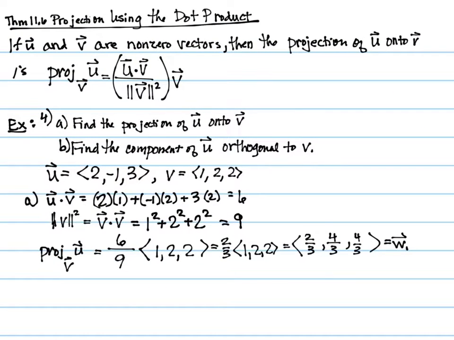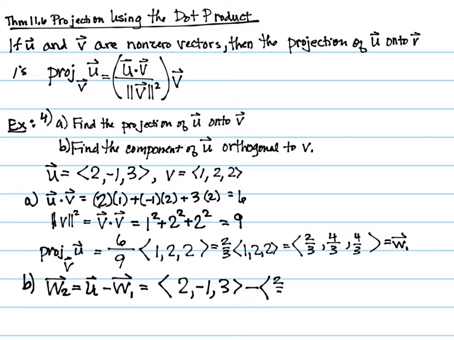So to do that part, we're going to find W2, which is the vector we're working with, which is U, minus the W1 vector we just found. So U was 2, -1, 3. And I want to subtract off the 2/3, 2/3, 4/3, 4/3 that I just found. So we're going to subtract them component-wise, just like we did in 11.2 and 11.1.